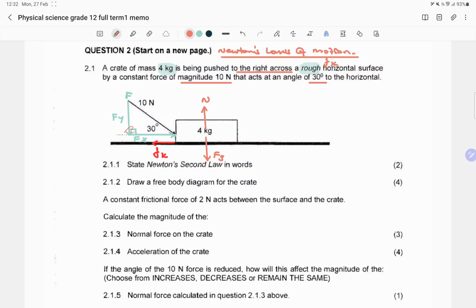It means our vertical component together with gravity should balance out our normal force, because these are directed down, so they will be additive in the same direction. This one is opposing them, but because this object is neither going deep into the surface nor being lifted off the surface, it means they're in balance either way. Okay, that's important. Now the question says state Newton's second law in words.